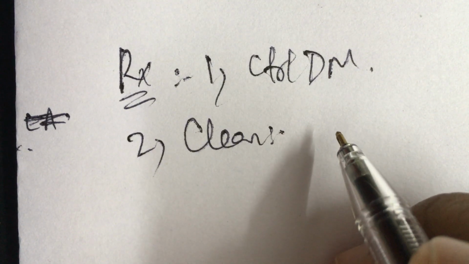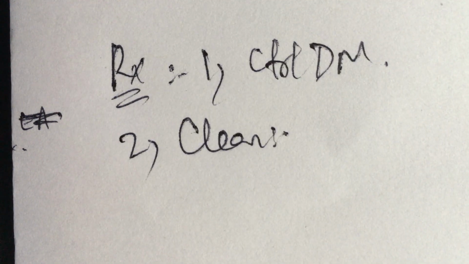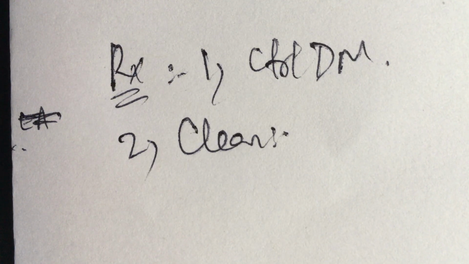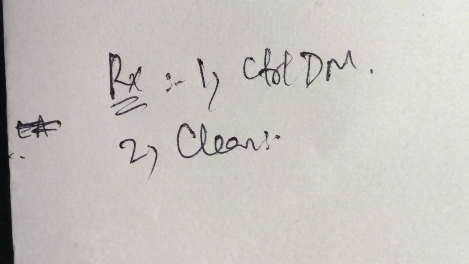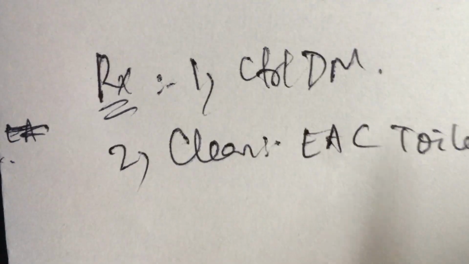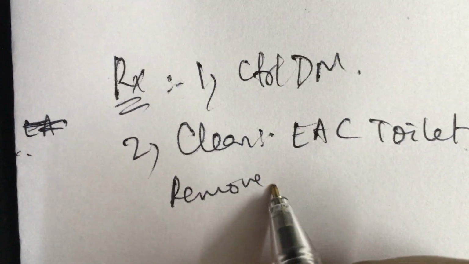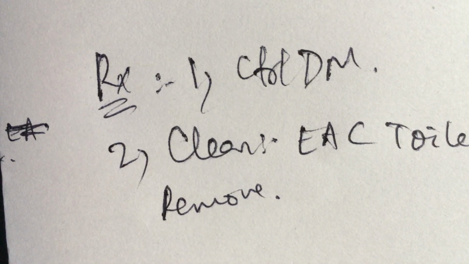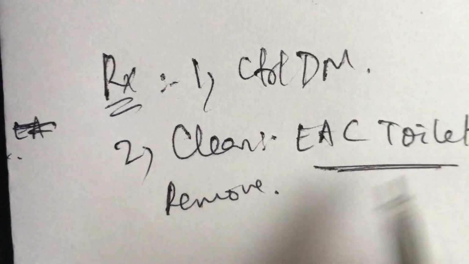The ear has a lot of discharge, debris, and dead tissue, and we would obviously want the ear to be cleaned before expecting a clean recovery. For that, we do a procedure called the external auditory canal toilet. What we exactly do is remove all the dirt, the debris, the discharge, the granulation, and the dead tissue or dead bone. We are going to remove everything.